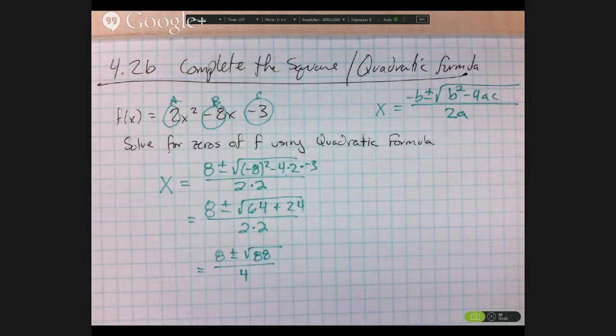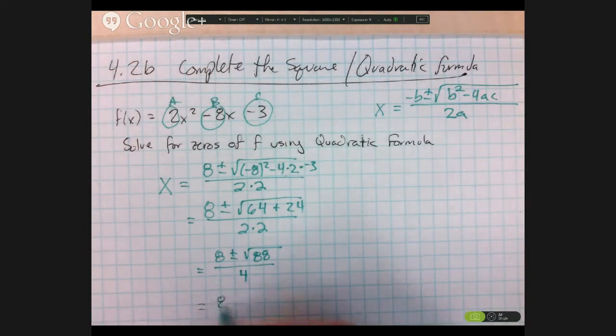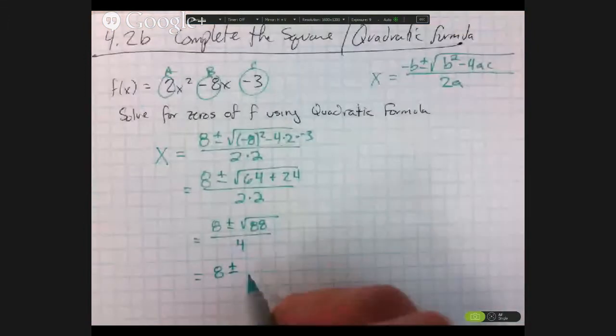Okay. Can I divide 88 by 4? No. Why? 88 is isolated from everything. You can't manipulate it with the other numbers, but you can. Remember this.